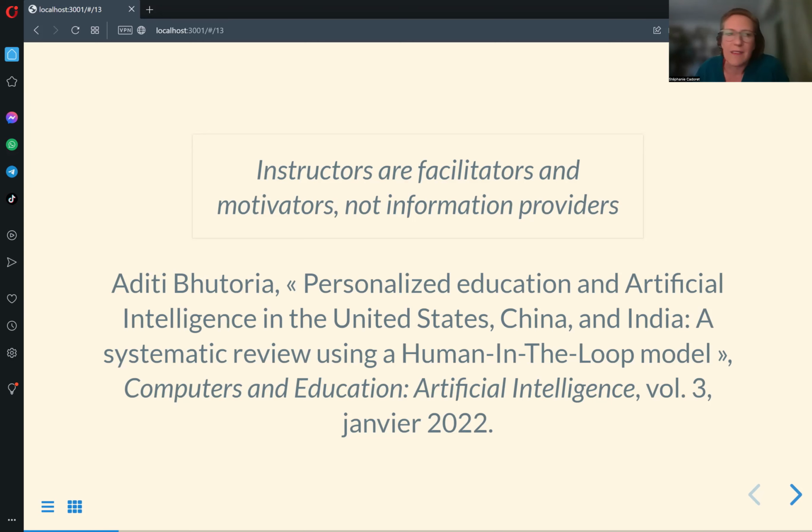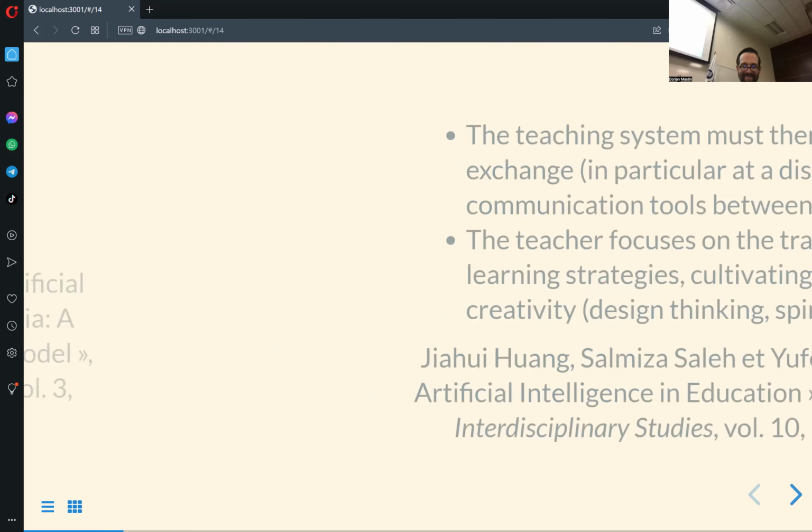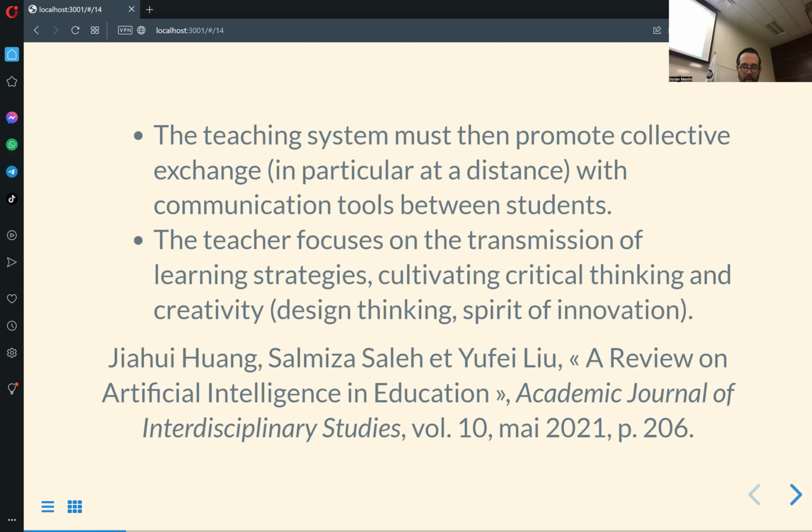The last breakthrough in technology didn't change our work that much. So maybe that's a bit paranoid. And so in the end, AI in teaching, the aim is that the teaching system must promote collective exchange. If we want to implement AI in our teaching, we must promote collective exchange, especially remote.